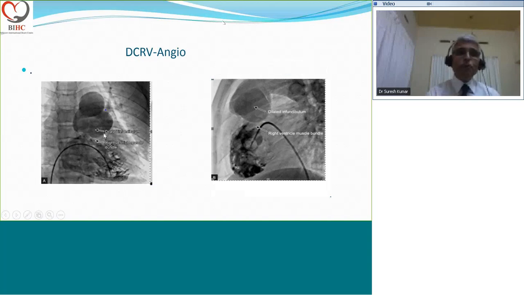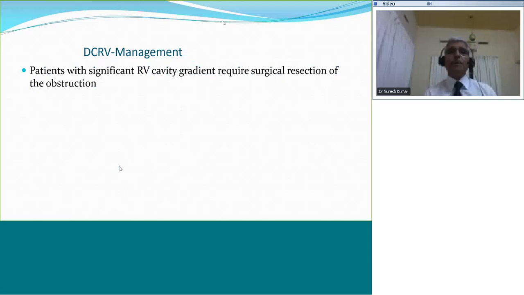And in the AP view, this is the pyramidal filling defect that I spoke about. The base of the pyramid is along the septum and the apex is pointing towards the outflow superiorly. And look at the degree of dense trabeculation. Once you have a significant gradient, like a 40 millimeter gradient on cath, it requires surgical resection of the obstruction.